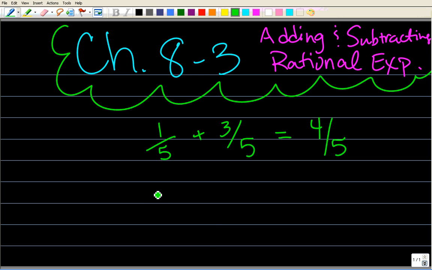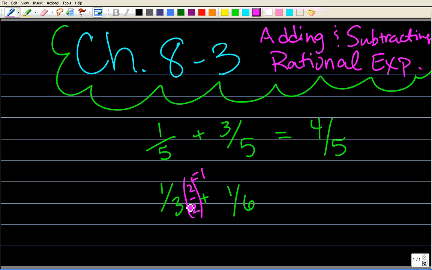But if we had something like 1/3 plus 1/6, before we could add those things together, we would have to figure out a common denominator. Here, the least common denominator would be 6. To make 1/3 into sixths, we'd have to multiply the top and the bottom by 2. Multiplying by 2 over 2 is just the same thing as multiplying by 1, right?